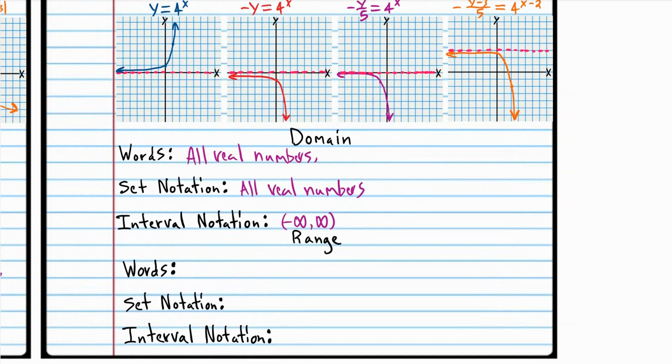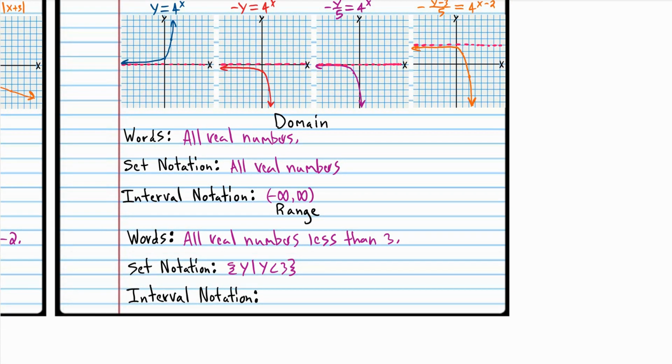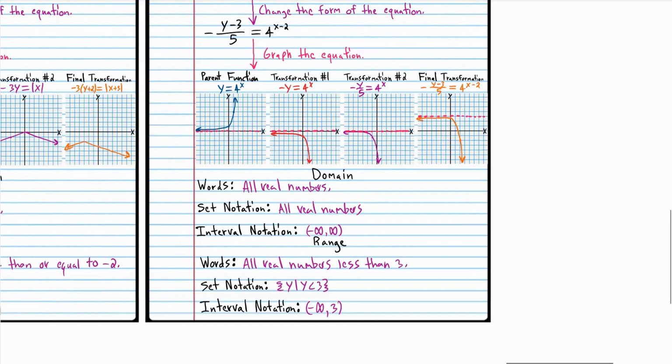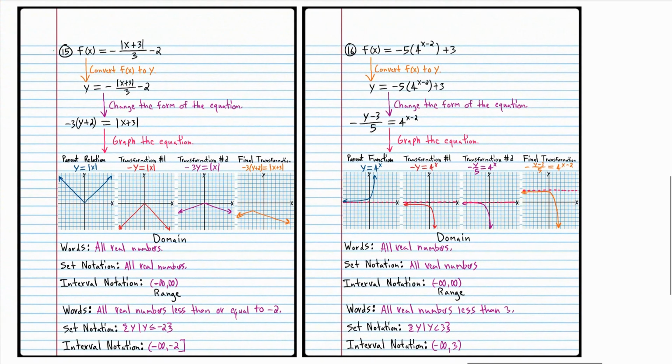So the range is all real numbers less than 3. The set of all y values such that y is less than 3. Negative infinity, comma 3 with parentheses. So if you got that right, good job.